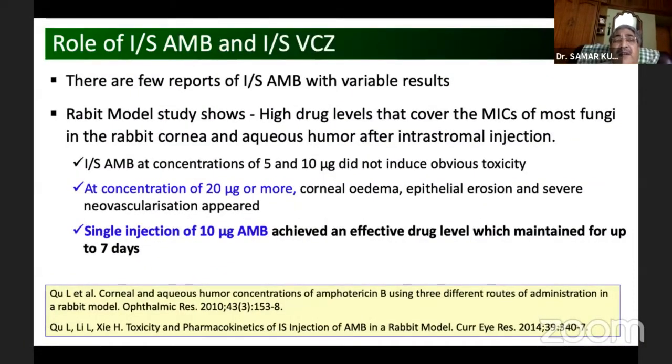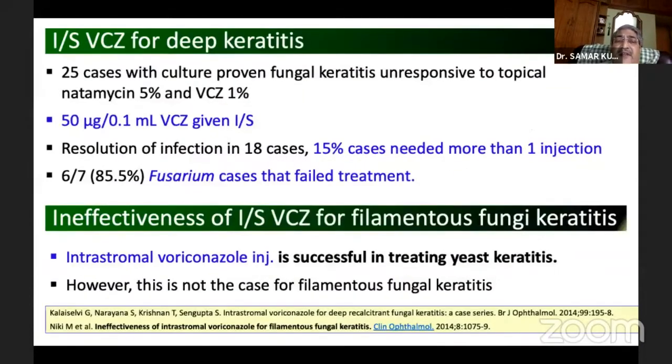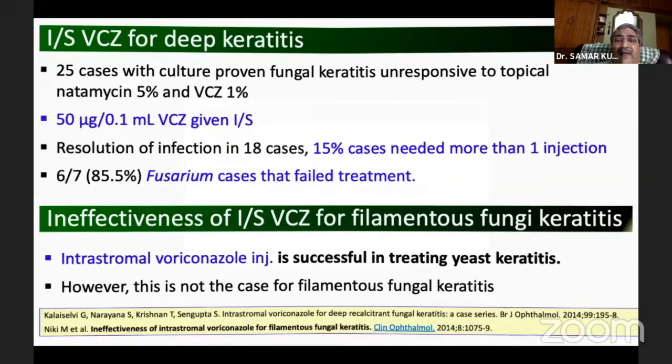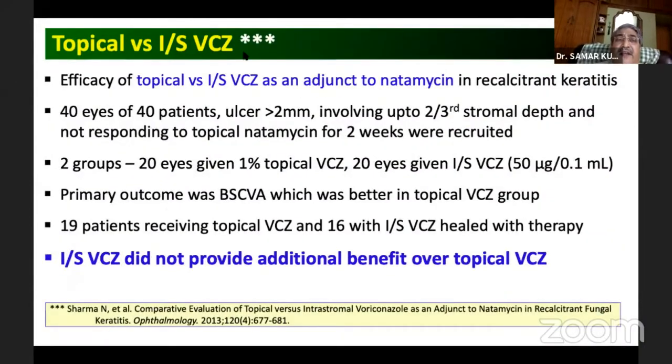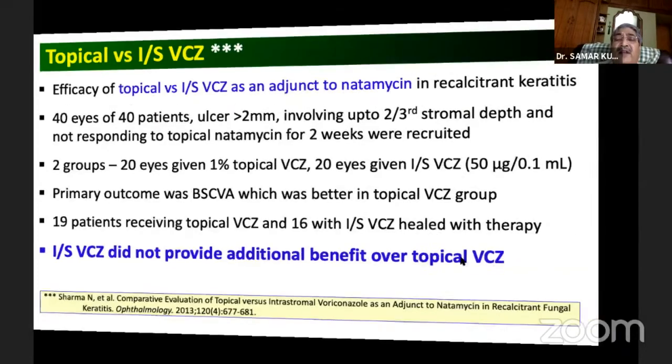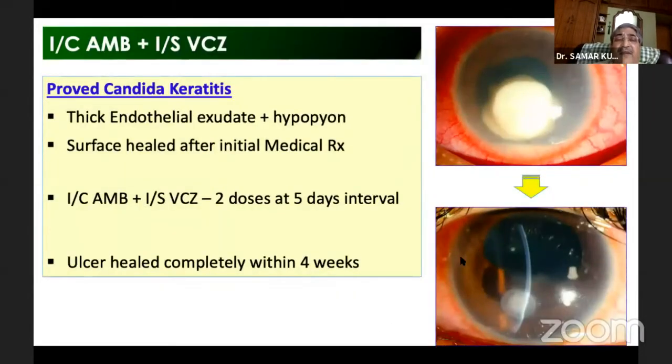Regarding the role of intracameral and intrastromal voriconazole, again, there are a lot of reports on either side in the literature. But regarding topical and intrastromal, there is a very interesting article by Namrata et al., who showed that additionally it doesn't cause any harmful effect.